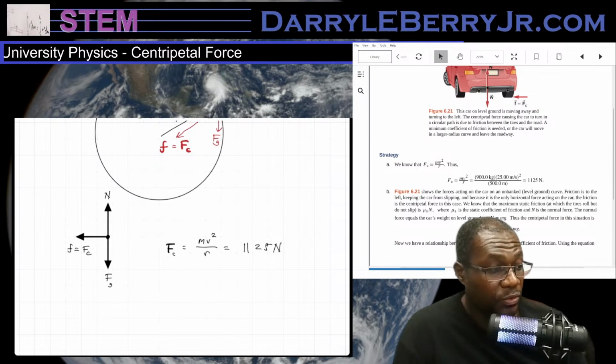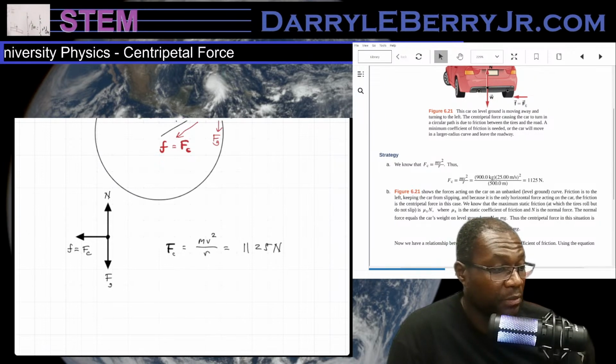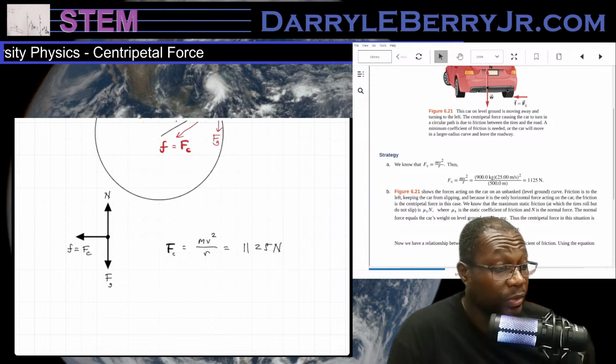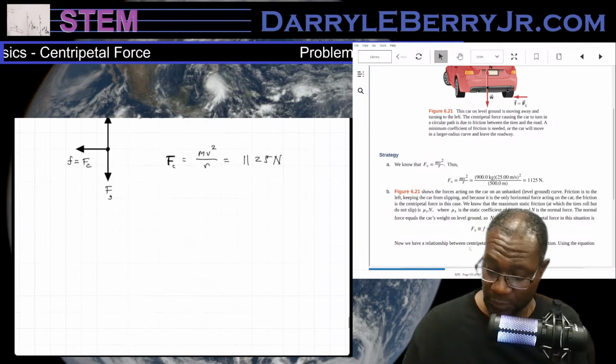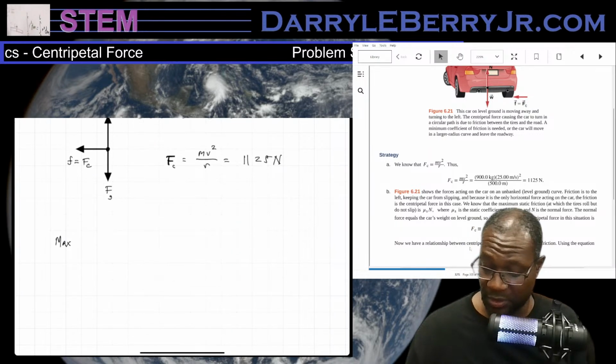Figure 6.21 shows the forces acting on the car on an unbanked level ground curve. Friction is to the left, keeping the car from slipping. And because it is on the horizontal, the only horizontal force acting on the car, the friction, is the centripetal force in this case. We know that the maximum static friction at which the tires roll but do not slip... Oh, so I missed this piece of information.